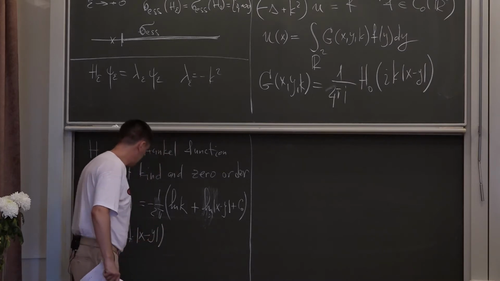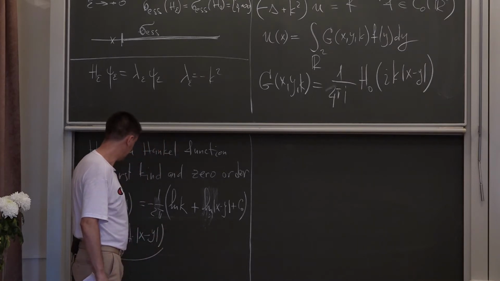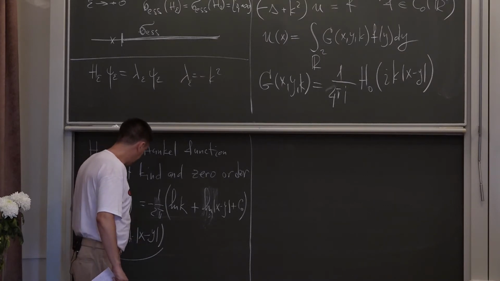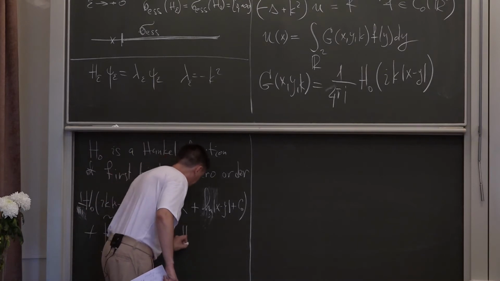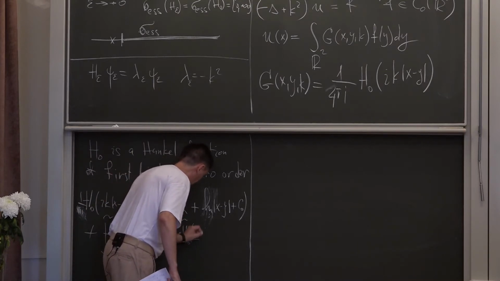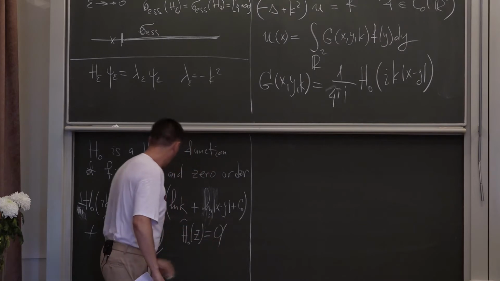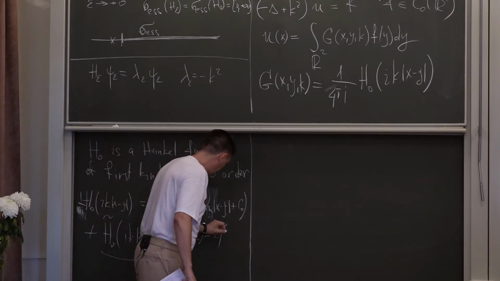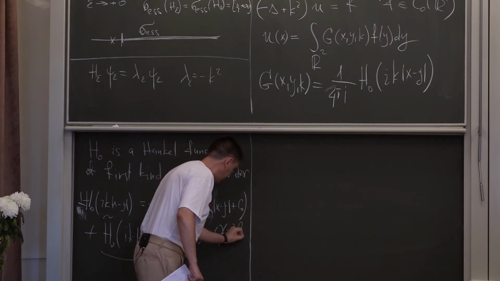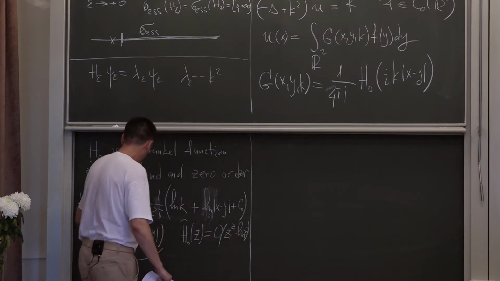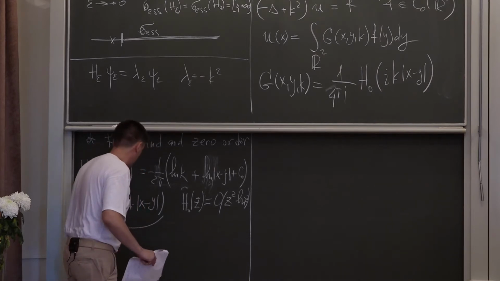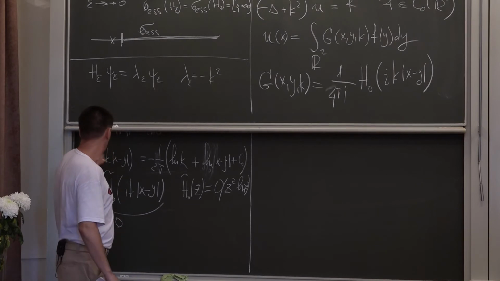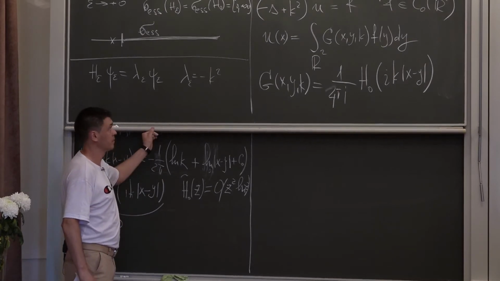And this something, considered as a function of this variable z, behaves like O of z squared logarithm z. And this is the behavior when k goes to 0. So for small k, this function behaves like this.